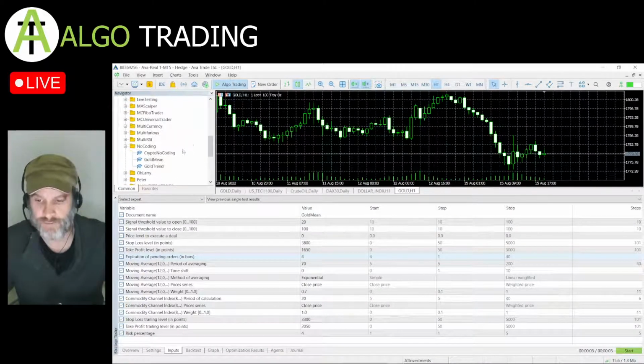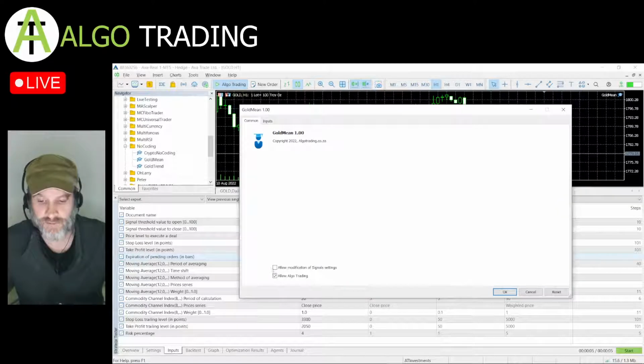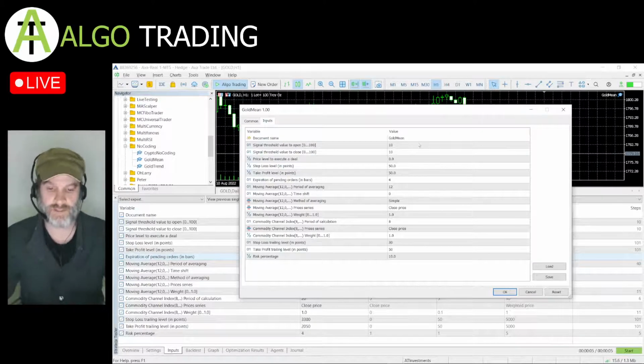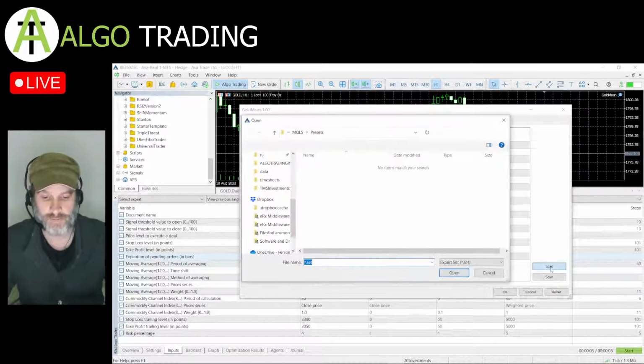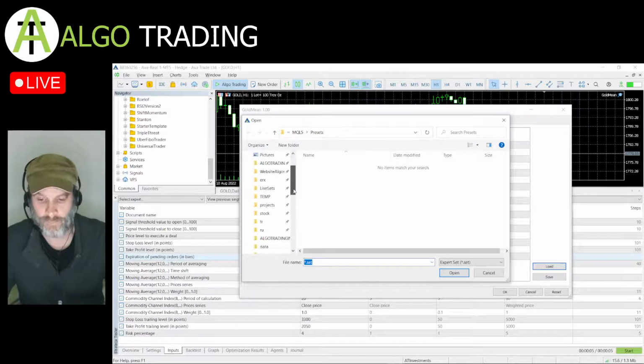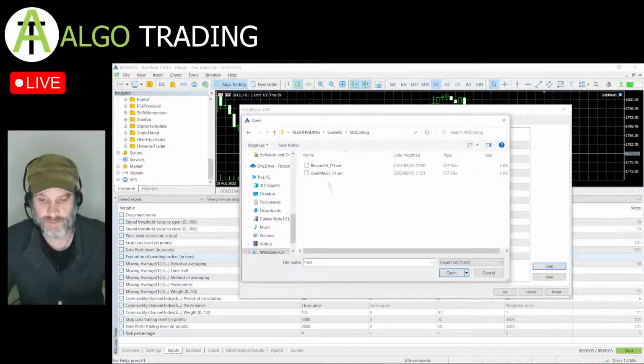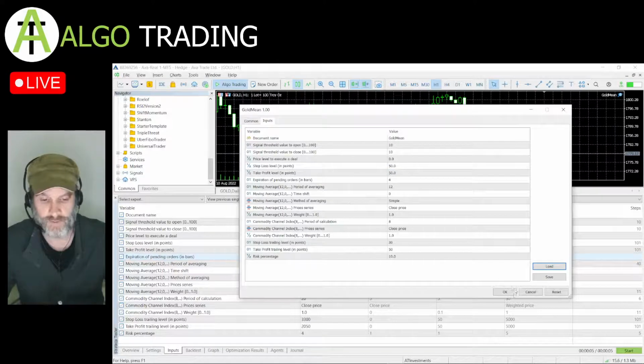Then you drag your gold mean onto the chart. You'll see your settings. I just always click both of these. I don't know what that means, but then you see you've got your inputs, and it loads the default inputs by default. So what you need to do now is say load. Go to live sets, no coding, gold mean 1 hour.